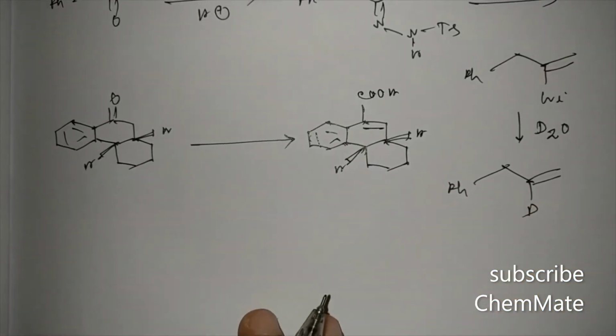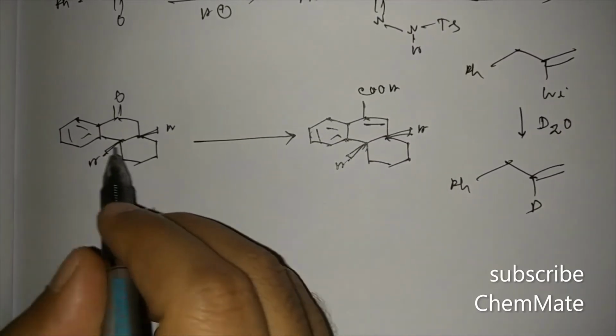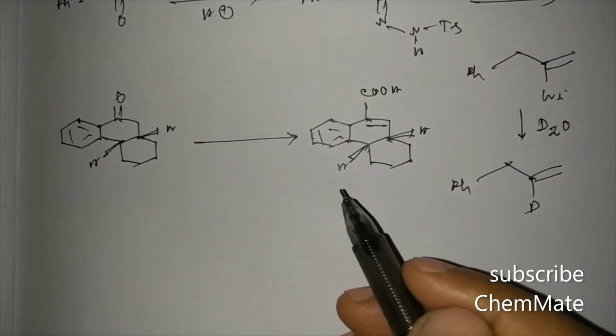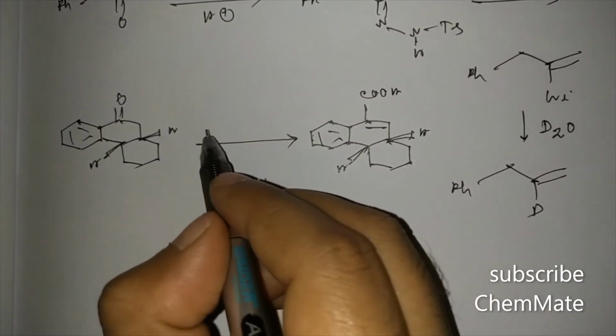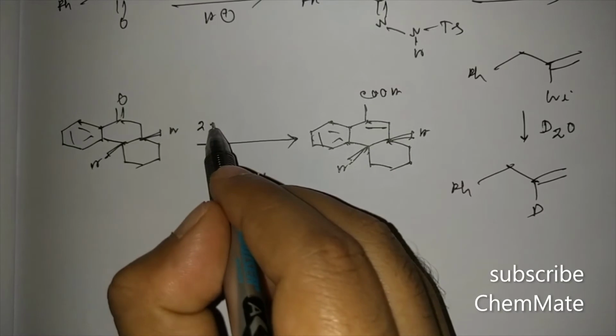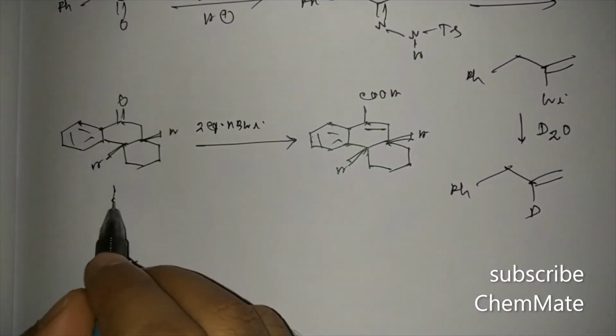So what will we use? This will be converted easily by using the Shapiro reaction. If this is treated with 2 equivalents of n-butyl lithium, then what will happen?